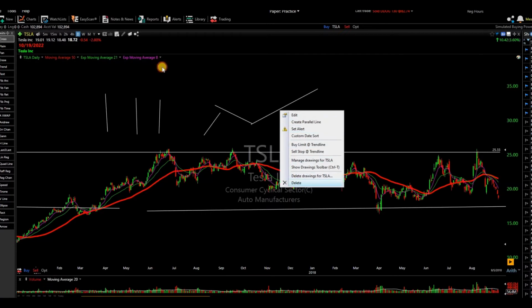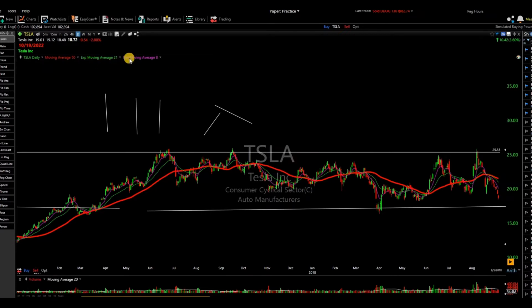So again, once one of these moving averages gets violated, what does that mean? That means we have a closing day below these moving averages. Sell one third of your position. You can sell half, or, let's say you have 100 shares in a position, you can use the 21 and the 50.